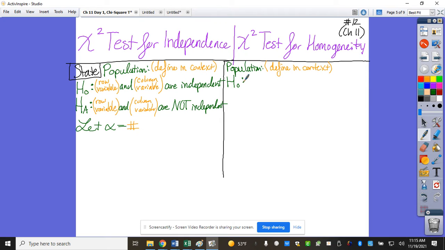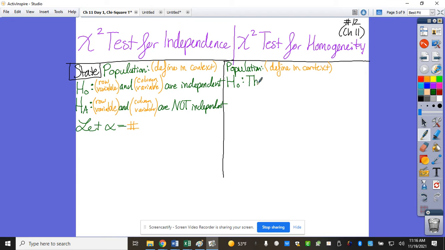So here, it is either this, if they are independent, that means that they what? What was already written on the other sheet? They're not related. So here, we're saying there is no difference in the distribution, which means they're the same, which means they're not independent, which means they're not changing.